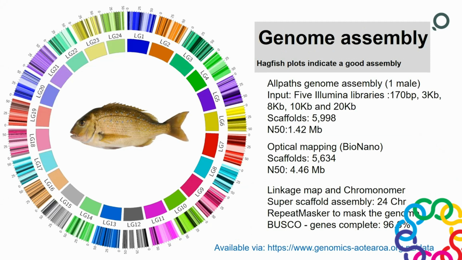You can see we used a range of short and long read libraries. Then we used ALLPATHS for the initial assembly, ending up with roughly 6,000 scaffolds. We used some optical mapping to join things, creating super scaffolds. We added a linkage map to it, and we ended up with these 24 chromosomes that you can see in the figure here.